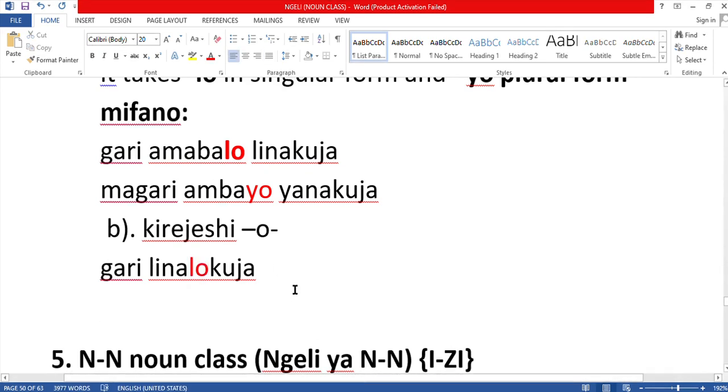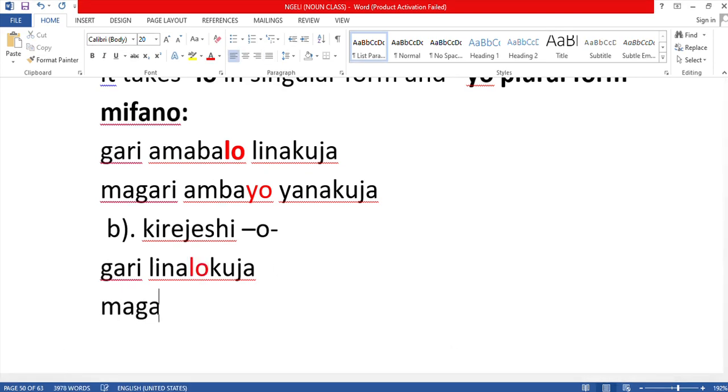Then in plural form, magari yanayokuja, cars which are coming, you know, they are on the way.